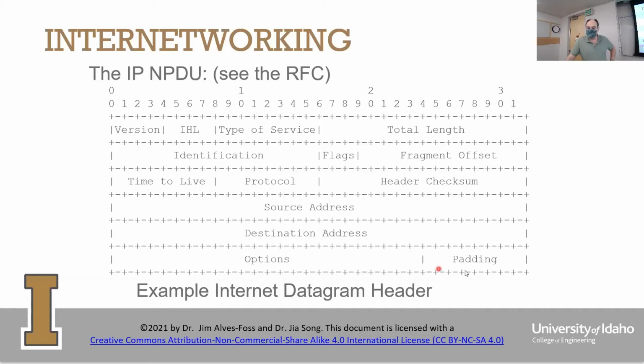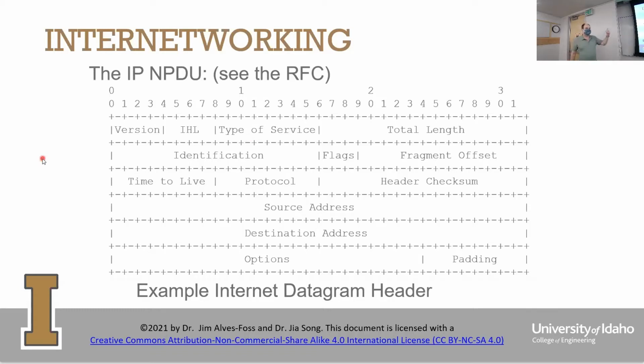We also have padding because we want to make everything in terms of a 32-bit word. Actually, so I lied to you. Internet header length is the number of 32-bit lines in the header. Because typical header length is 5. 1, 2, 3, 4, 5 header with no options. So if it's 5, you have no options. 6, you have one option line, etc. And so the padding always brings it to a multiple of 32 bits in width.